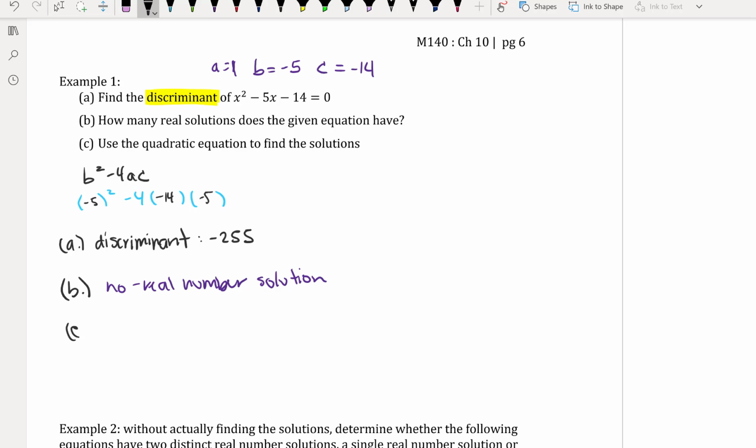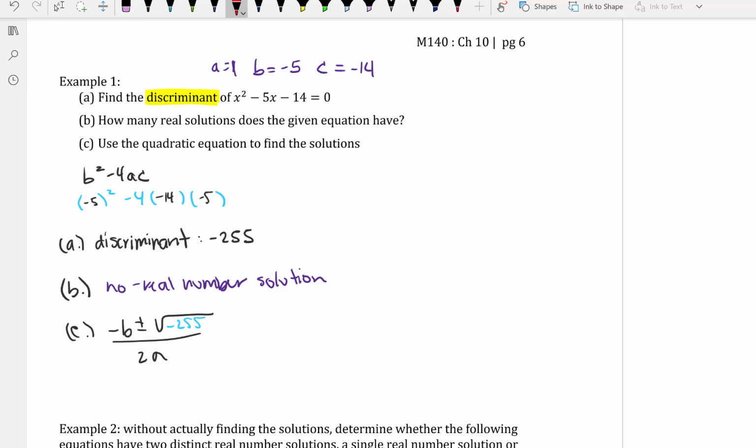And for part C, it says, use the quadratic equation to find the solutions. So I know it's negative b plus or minus, and then the discriminant. But we already found the value of the discriminant. The value of the discriminant was negative 255. And I have it all over 2 times my a.